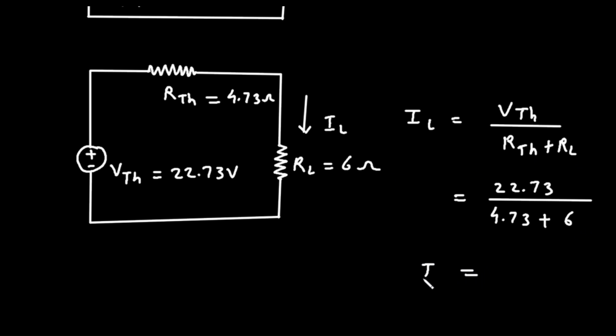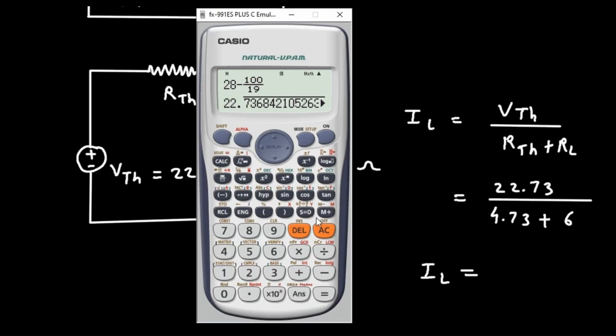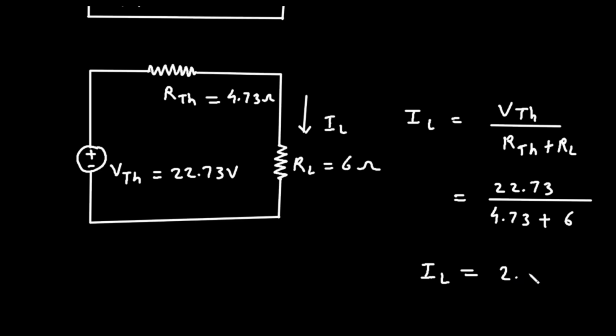If we solve this, we get IL is equal to 2.118 ampere for the load resistor.